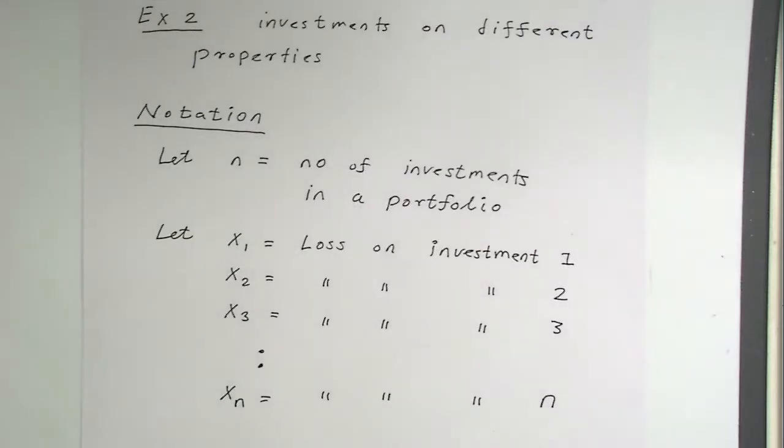So here n denotes the number of investments in a portfolio, right? So for example, in the first example, the number of investments is 3, right? Because you have 3 different commodities, so 3 different investments.